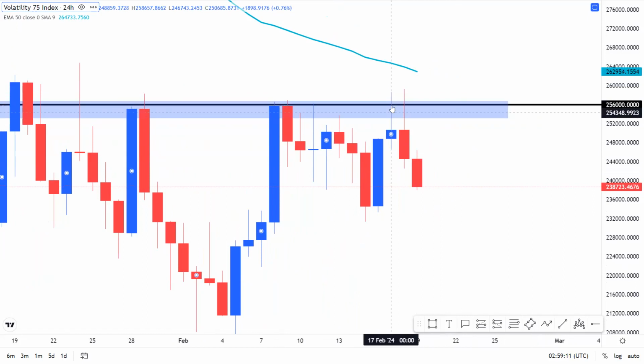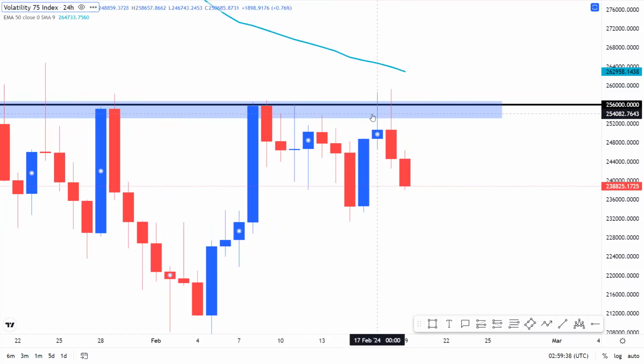Quick rejection from the level, close below the level. And then what would we expect? A huge sell-off to the downside, which is the very current sell trade we caught, capitalizing off of this daily rejection from a supply level.